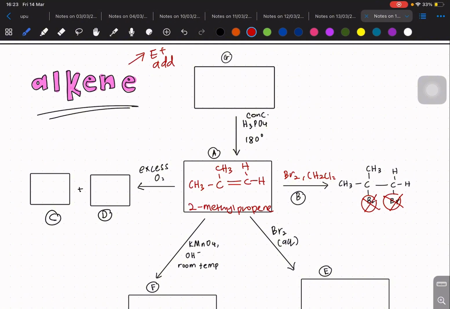Moving on, this 2-methylpropene reacts with excess oxygen. We know that when oxygen is in excess, combustion occurs completely. So complete combustion occurs, and this 2-methylpropene will be oxidized completely and form CO2 and H2O.